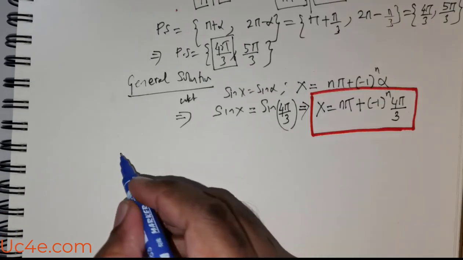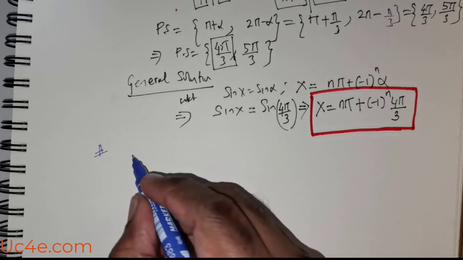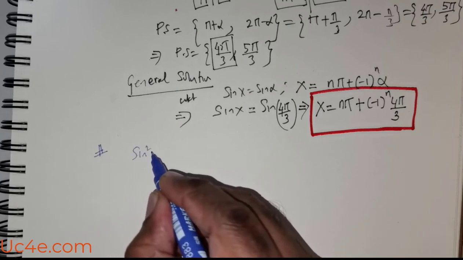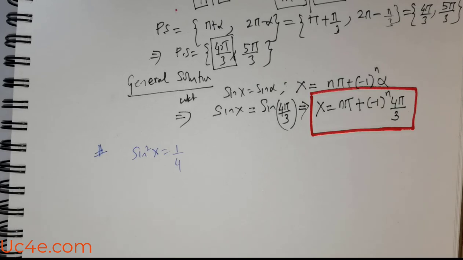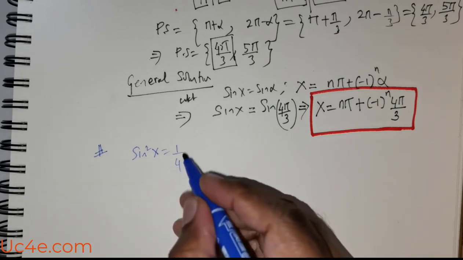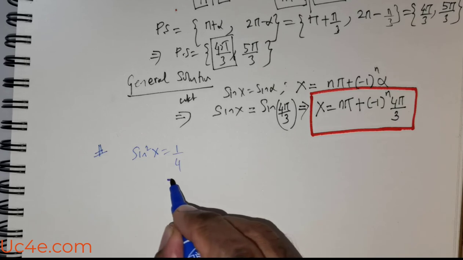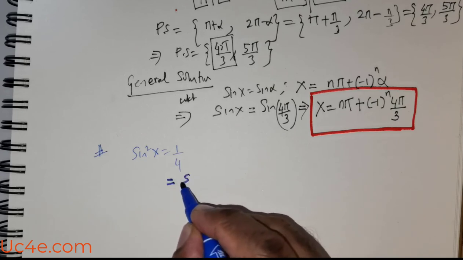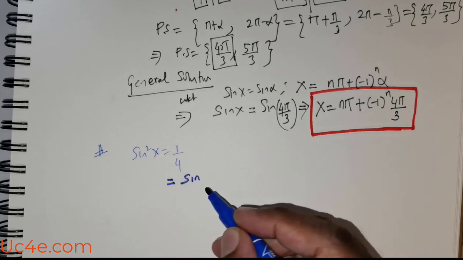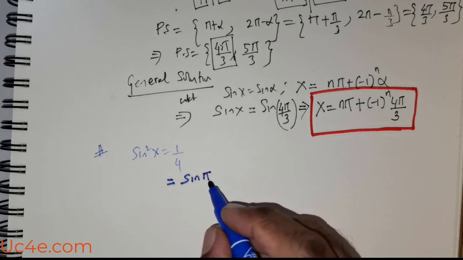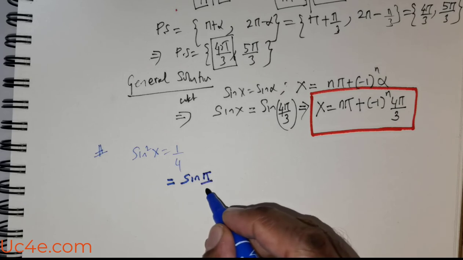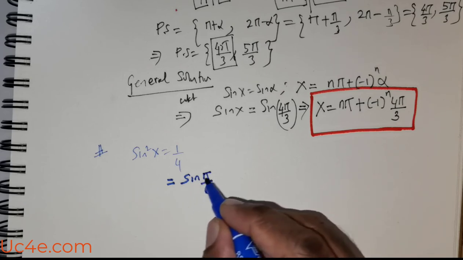Let's do another question, students. This question is given as sine squared x is equal to 1 over 4. So what I'm going to do is write this 1 over 4 as sine pi over 6, because sine pi over 6 will give me 30, right?